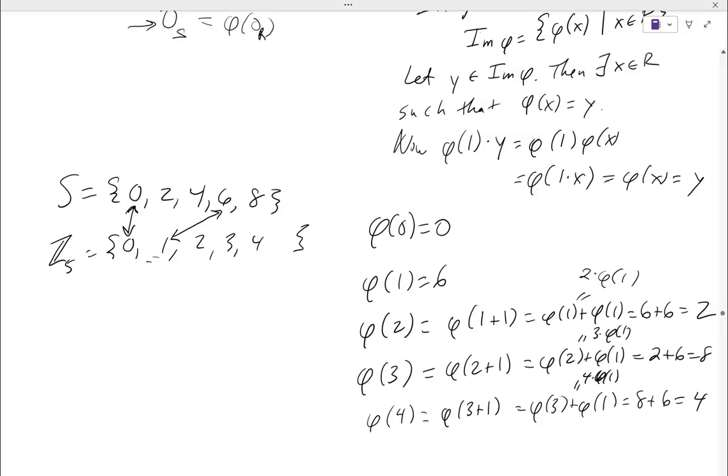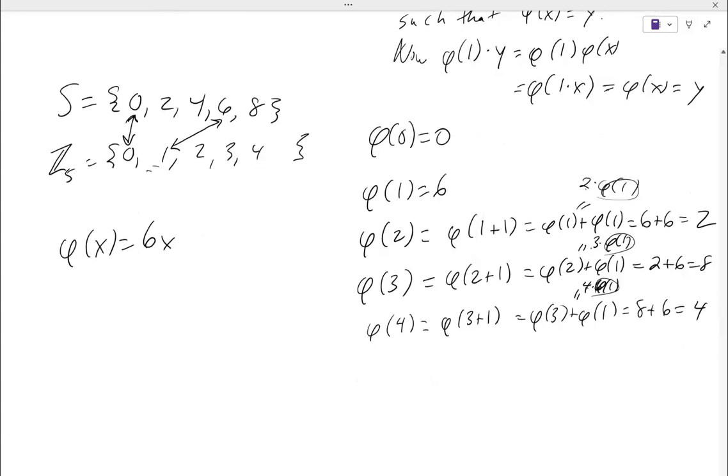What was phi of 1? 6, right? So it looks like phi of x should get mapped to 6x, right? This is 6 times 2, 6 times 3, 6 times 4. That makes things a little bit easier to check preserving of things, doesn't it?